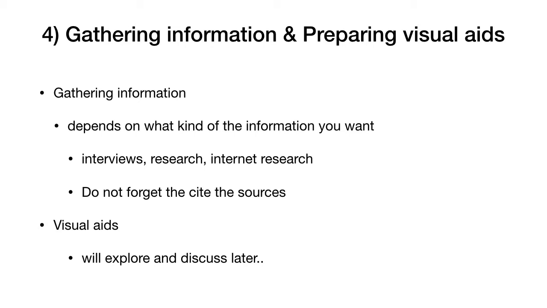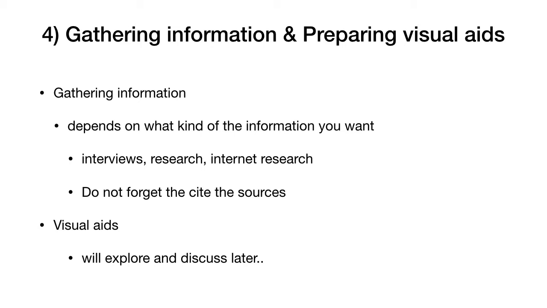You may need information from doing interviews or some research or internet research and things like that. And the most important thing is that you need to cite the reference in order to avoid plagiarism. Okay, so this is very important. Do not forget to cite the reference or cite the source. Okay, and the visual aids will be explored and discussed later in the next video.